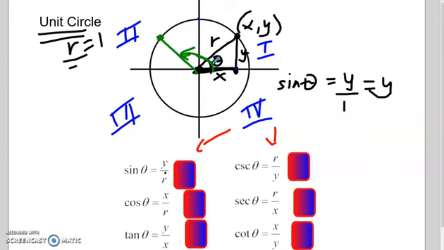But what I'd like you to do is get used to dropping a straight line from that point down towards the x-axis. And then the angle between the x-axis and wherever the terminal side is that goes to your point, that's called the reference angle.